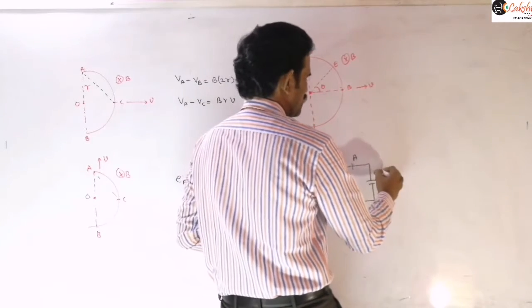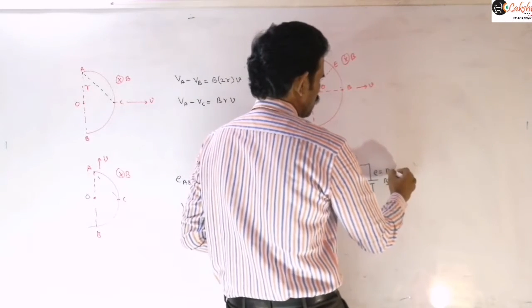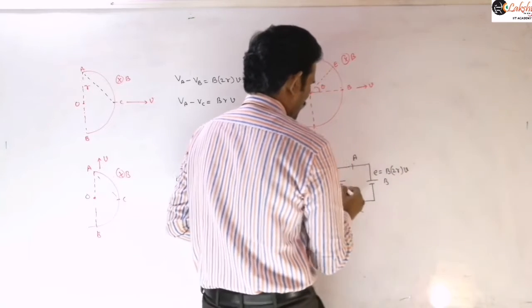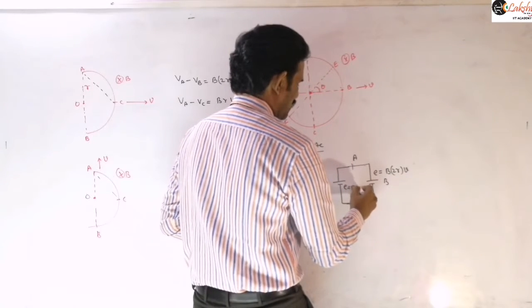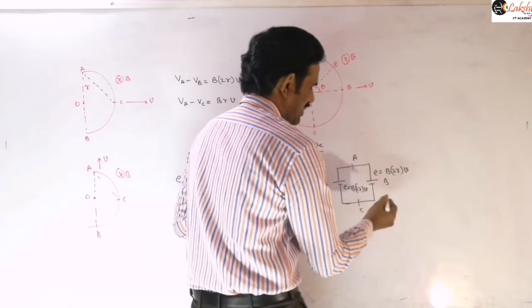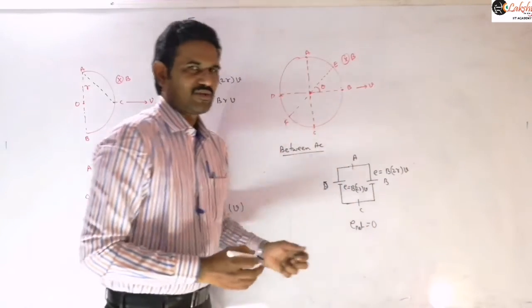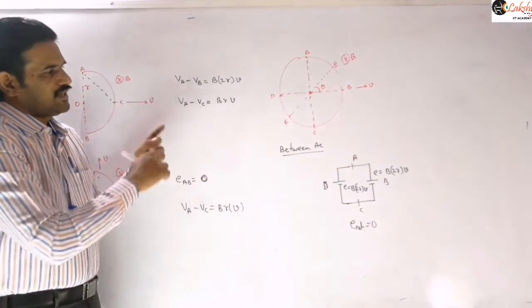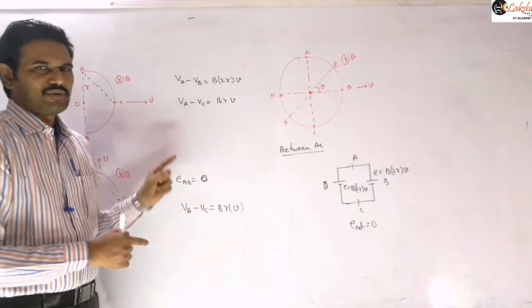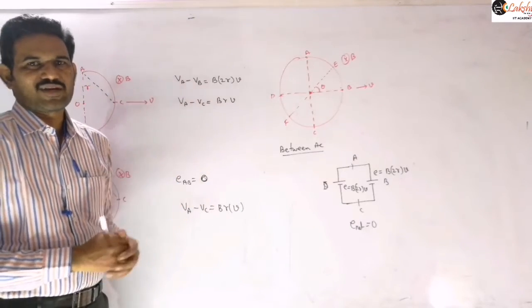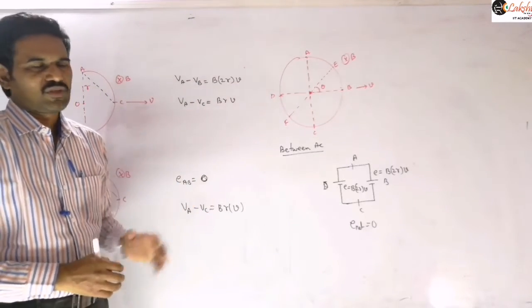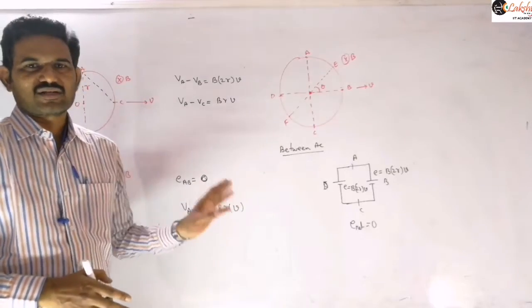Here the induced EMF is equal to B into 2R into V, and here also the induced EMF is equal to B into 2R into V. So they are equal and opposite, so the net EMF will be equal to 0. The induced EMF is there in the part ABC and in the part ADC, equal in magnitude, B into 2R into V, so the net EMF in that circular loop will be 0.